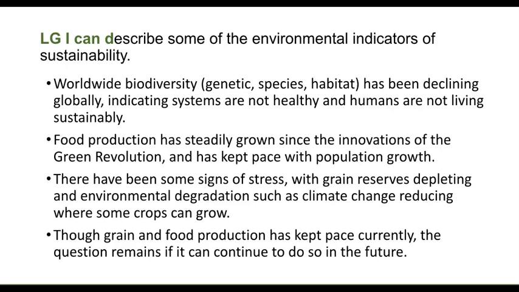Worldwide biodiversity, we actually looked at with Unit 2. We'll revisit it in Unit 9. It has been declining globally, indicating systems are not healthy and humans are not living sustainably. Food production has grown and has kept pace with population growth, so our food production is in good shape.